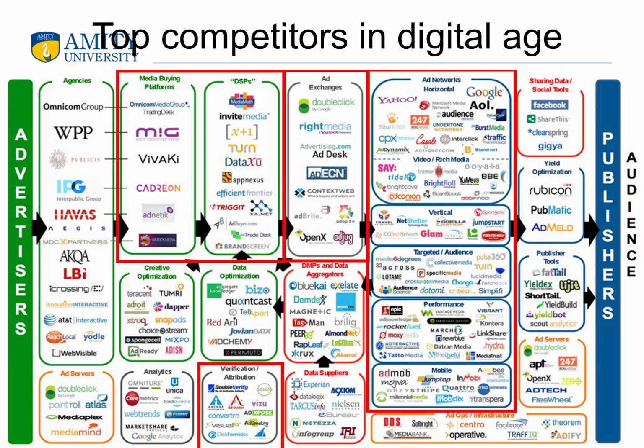There we have media buying platforms like MIG, Vivaki, Cadreon. Then we have ad exchange networks like Right Media, AdDesk, OpenX. Then we have ad networks horizontally and vertically. We have target audience based software and solutions.